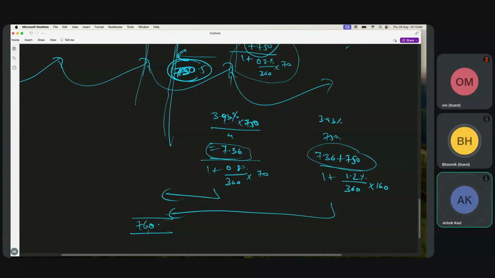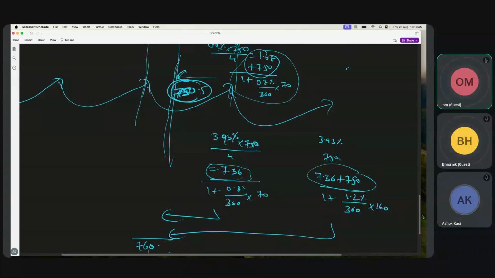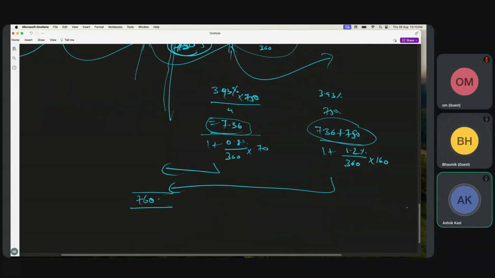So 760, okay. Om, have you done this one? Yes, sir. How much have you got? 760? Sir, actually, I didn't do it this way. I did the previous way only. But how much are you getting then? I'm getting 9.57, the difference. So it is not matching, no?